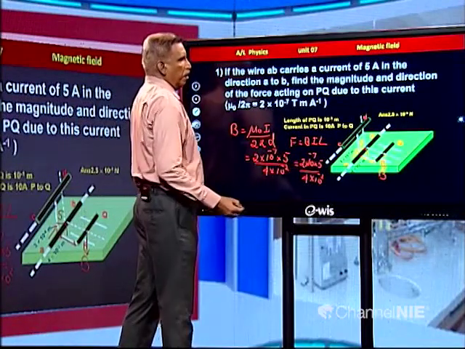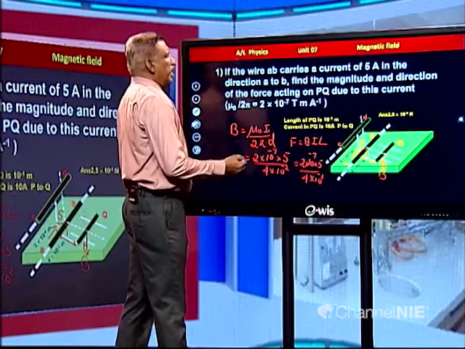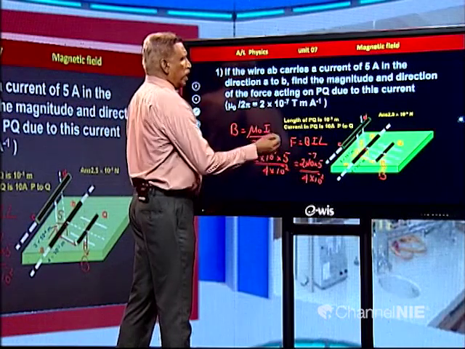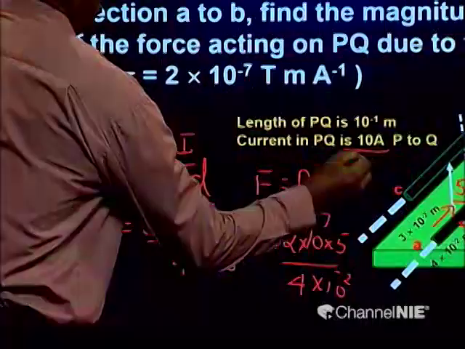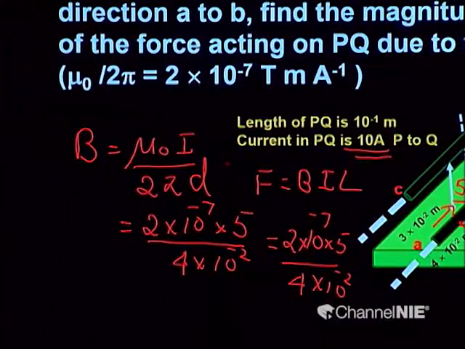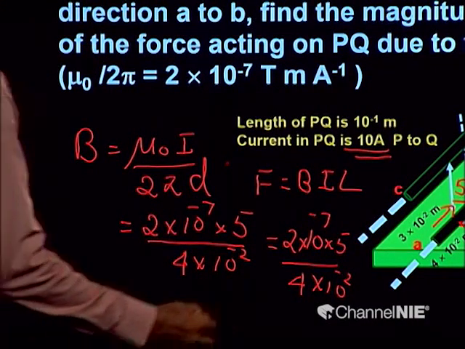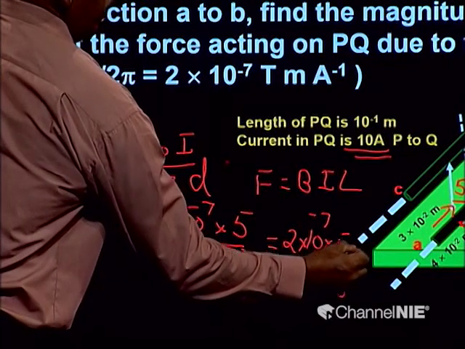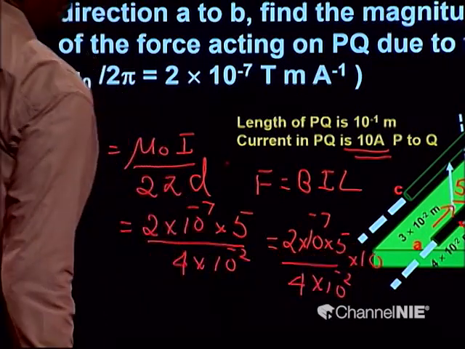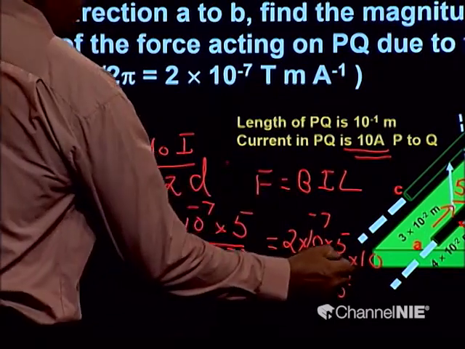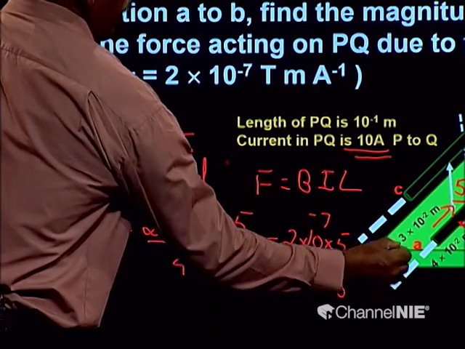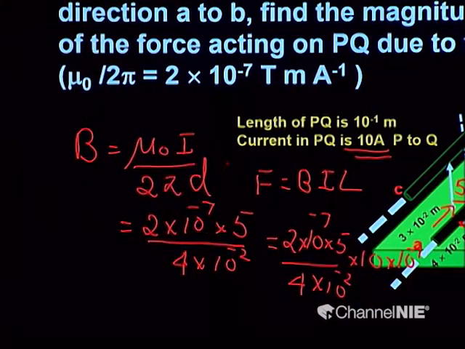And I is the current passed through PQ. They state in the question that there is a 10 ampere current passed through PQ. So, I is 10 ampere and L, the length of PQ, is 10 to the power minus 1 meter. Okay.